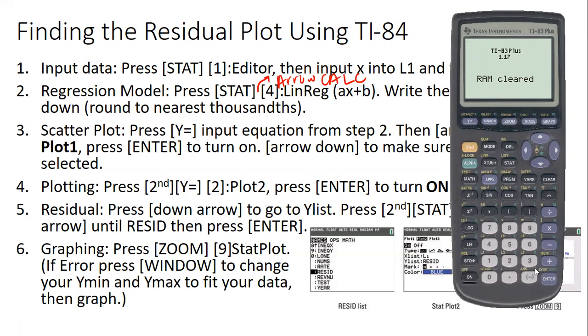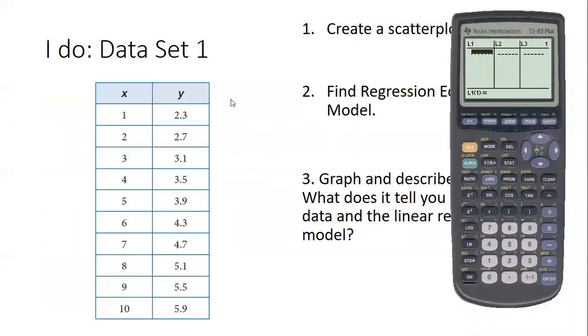All right. So now we're going to start with step 1. Step 1 is where we input our data. How do we input data into the calculator? Stat and editor, right? So I'm going to press stat underneath the delete button, and I'm going to press 1 for edit. And I'm going to take this time to input all of my x's into L1 and all of my y's into L2. Cool?